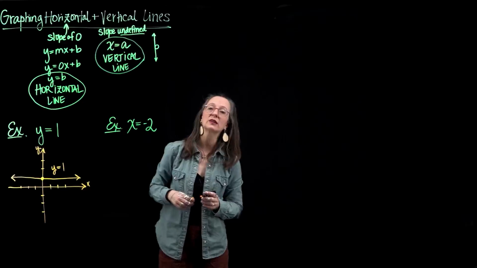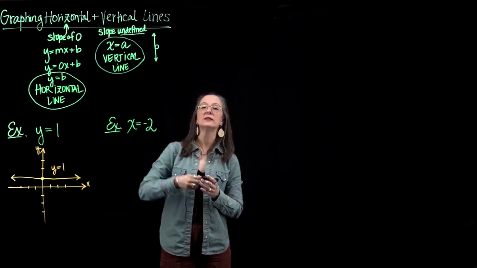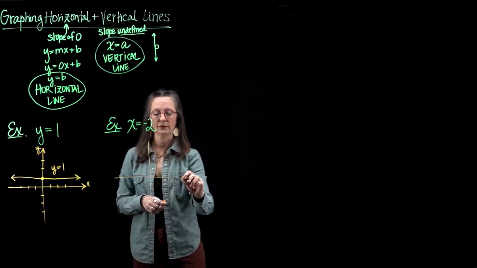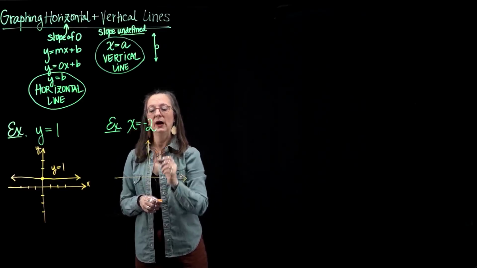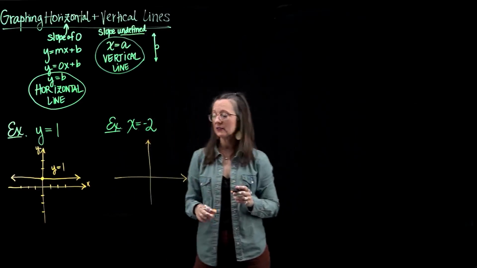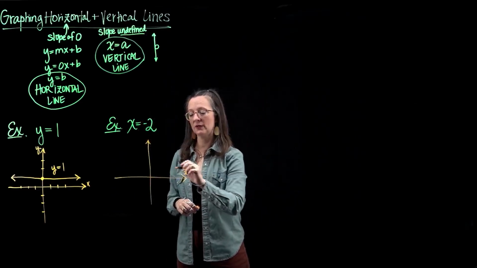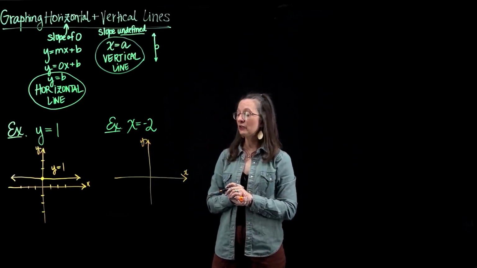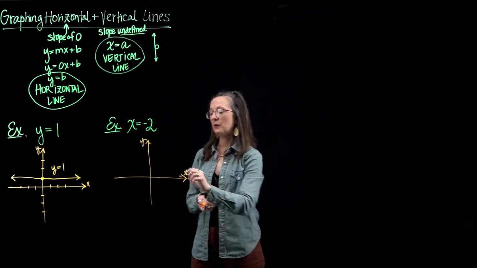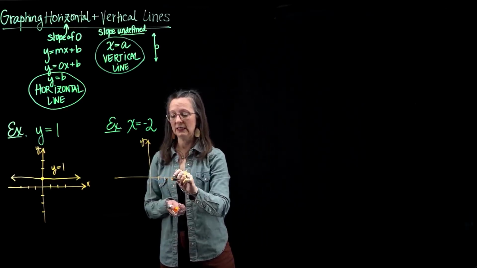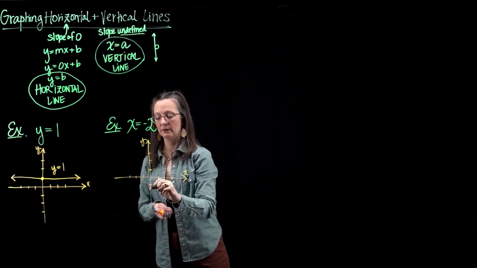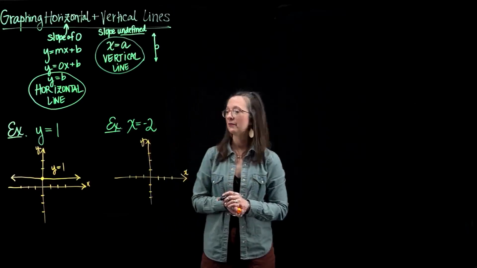All right, next let's look at the line x equals -2. Let's draw our axes. The x-axis will be my horizontal line, and the y-axis is my vertical line. I'm going to mark off a few units in each direction from the origin on my graph.